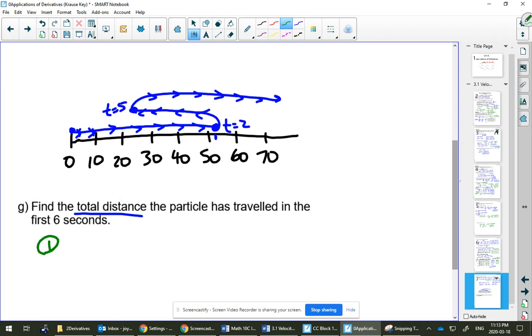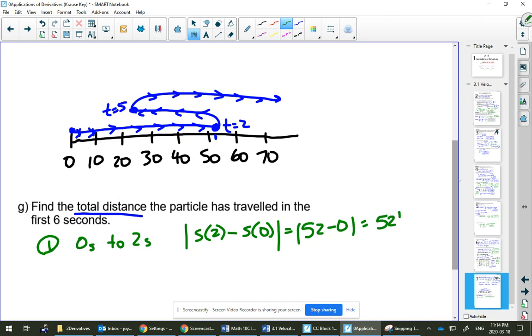So when the particle is moving from 0 seconds to 2 seconds, that's going to be the position at time equals 2 minus the position at time equals 0. Because we're totaling our distance, we're just looking at the absolute value. It doesn't matter what direction the particle is moving, it's just how far it moved between those points. So 52 minus 0 is 52.